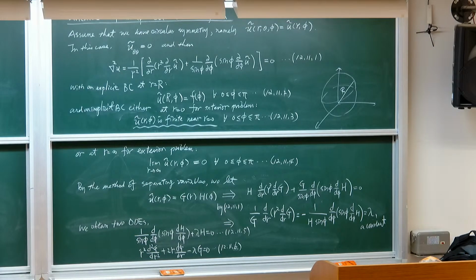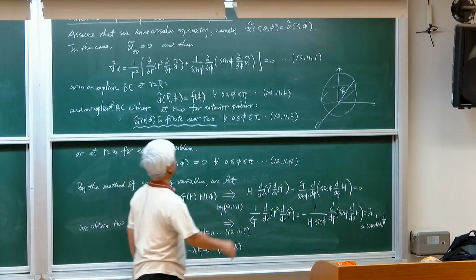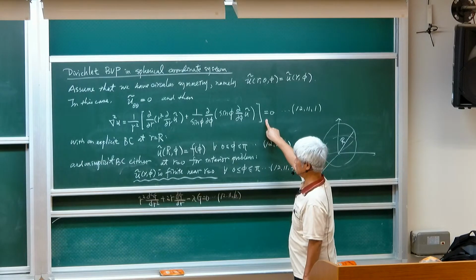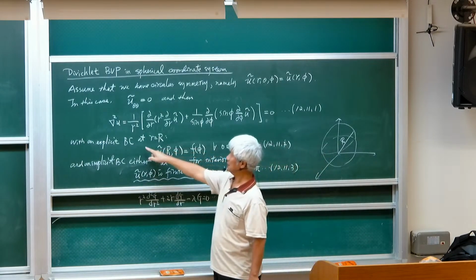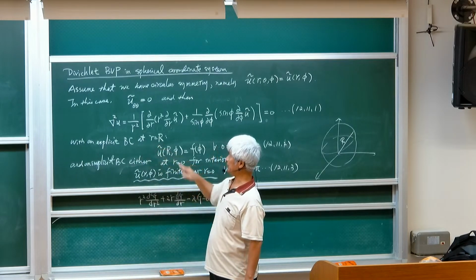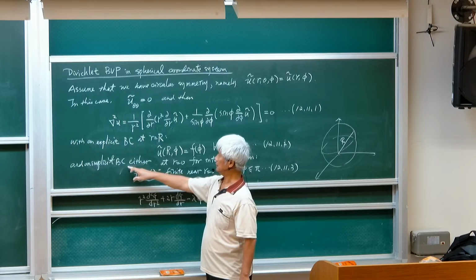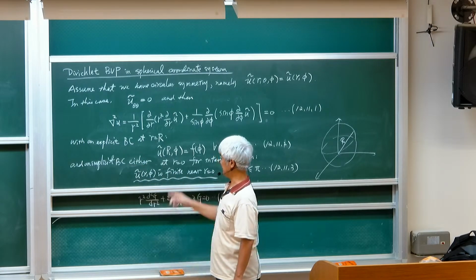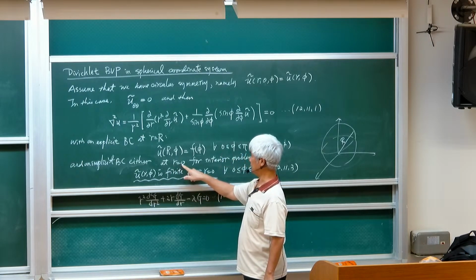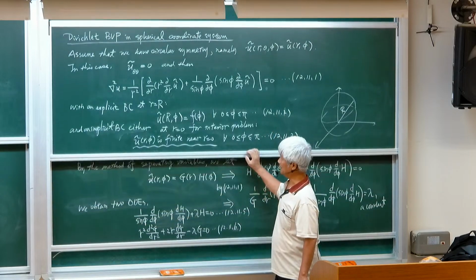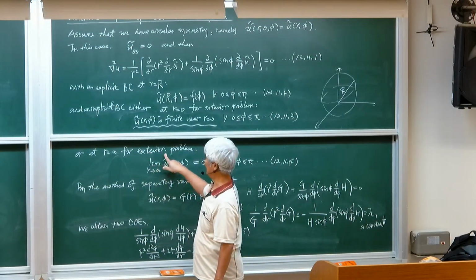Now our purpose is to find a physical solution, so that we want to find a unique solution that will satisfy the Laplace equation as well as this explicit boundary condition when little r is equal to the big R, as well as one implicit boundary condition, either this one at r equal to 0 for the interior problem, or at r equal to infinity for the exterior problem.